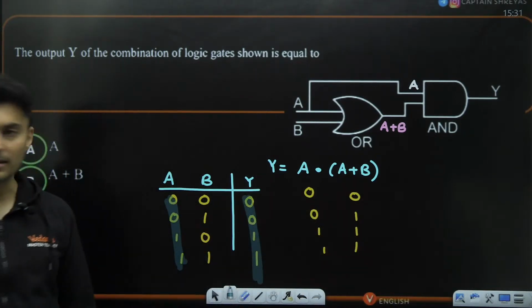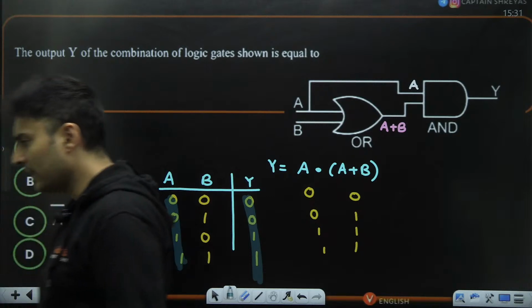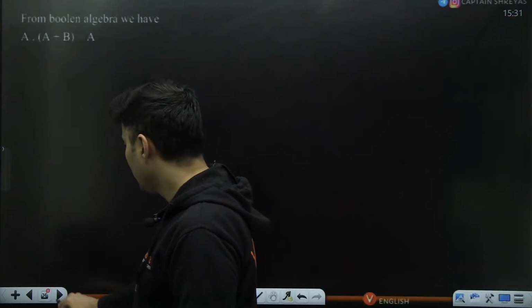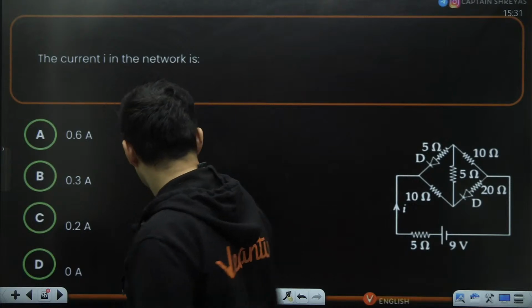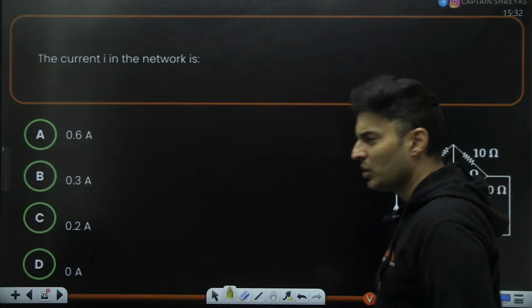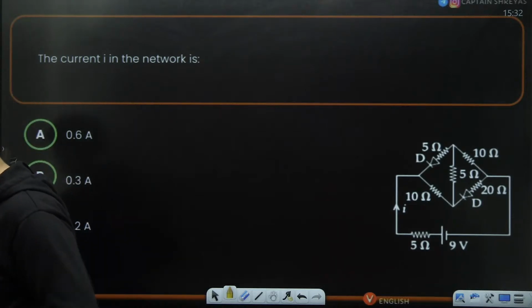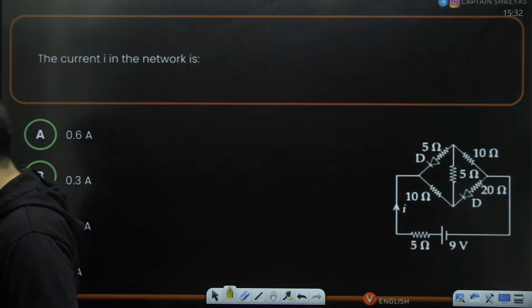They are perfectly the same. Got it, everyone? Very good. Such tricky questions can also come sometimes, and you should be able to solve them using truth tables or even formulas. Shall we move ahead to the next question?